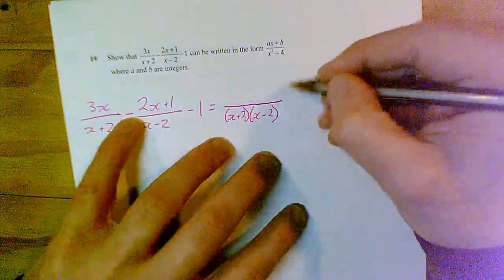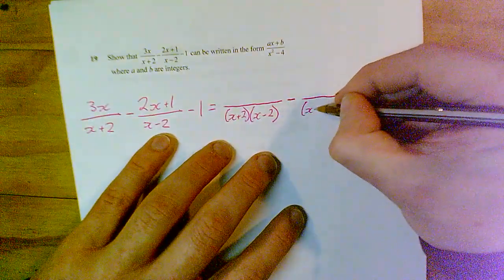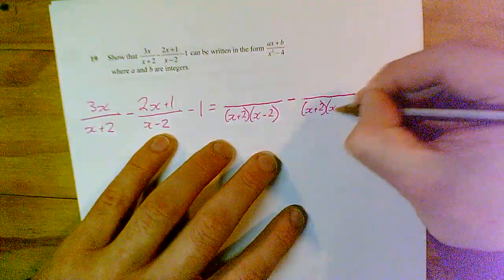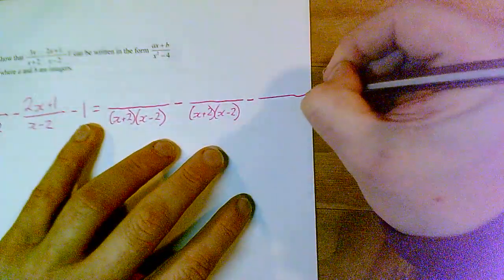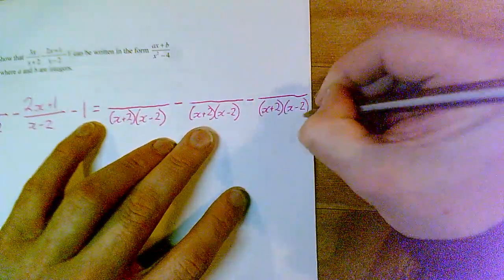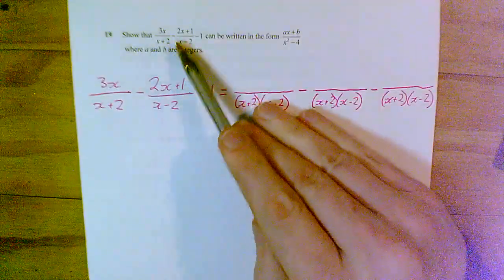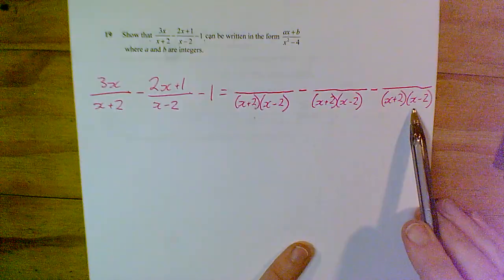So that's going to be my denominator for this one. Then I'm going to have this as a denominator for this one. And then the 1 I'm also going to have to write in that same form. We'll worry about that one in a minute. So I'm writing all 3 of these as a fraction with the same denominator.